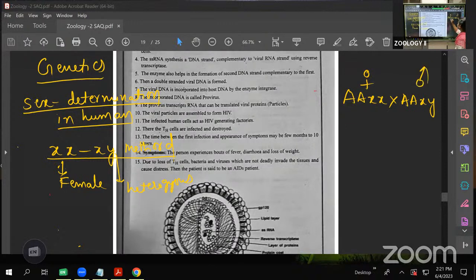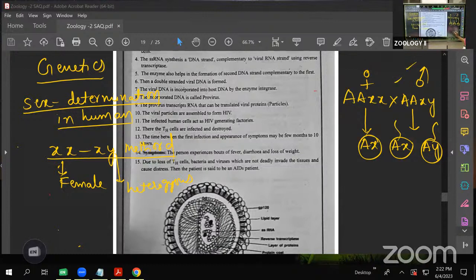Here, the males only determine the sex. What gametes will occur here? All the ova are the same, but the sperms are different. Half of the sperms are having the AX chromosome, half of the sperms are having the AY chromosome. This means the sex determination in human is mainly by the male only.